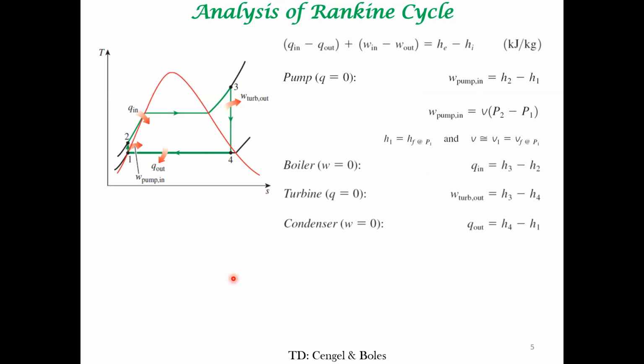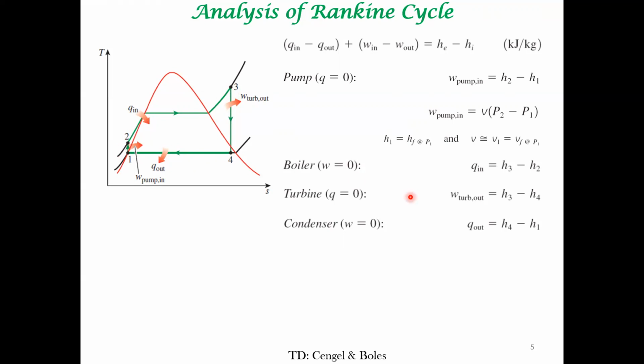And then you have the other segments. Let's say the boiler. In the boiler, there's no work interaction. So the heat input can be balanced to be equal to the enthalpy difference between H3 and H2. In the turbine, there is no heat interaction, there's only work interaction.